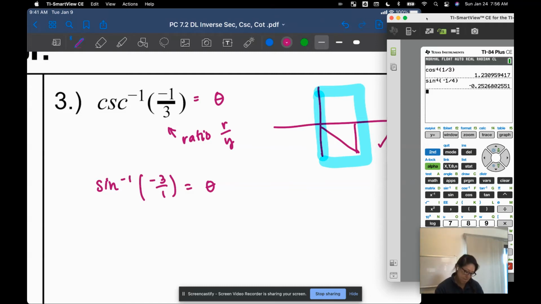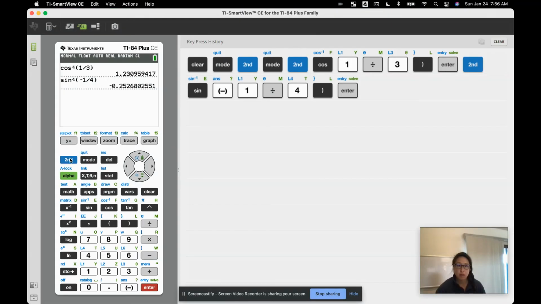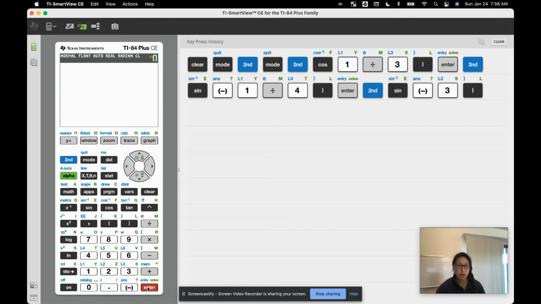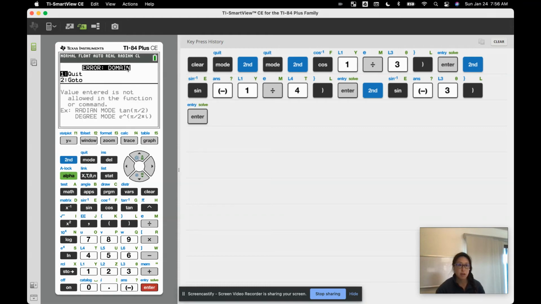So I type that in. Sine inverse of -3. And what I get is a domain error.